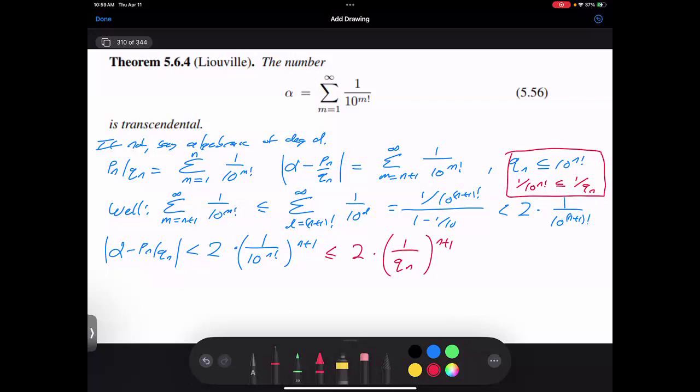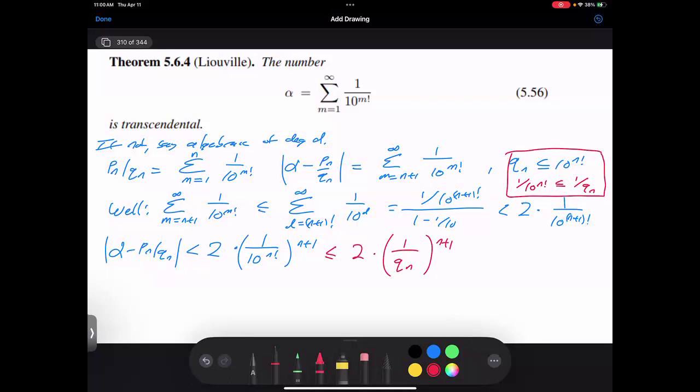And so if it's an algebraic number of degree 5, once n equals 6, it's a violation of Liouville. If n equals 12, once n is 13, it's a violation of Liouville. Is this clear? Yes? Or no? Okay, it's clear.